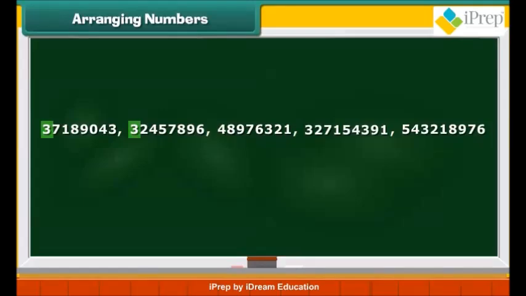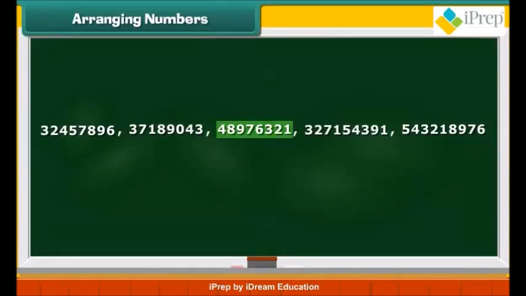Now consider the 8-digit numbers. The first two begin with digit 3. Their second digits are 7 and 2. 7 is greater than 2. Therefore, 37,189,043 is greater than 32,457,896. Interchange the numbers.